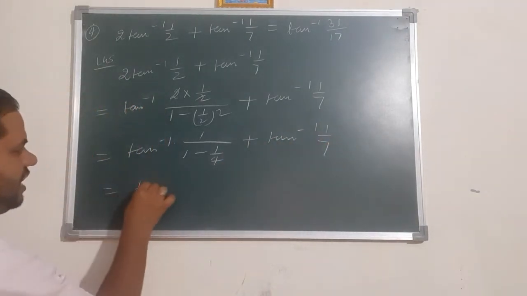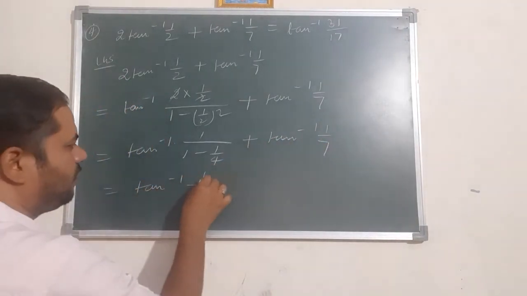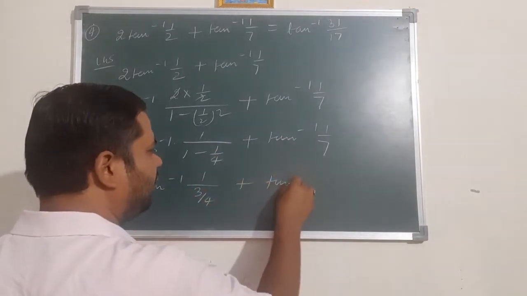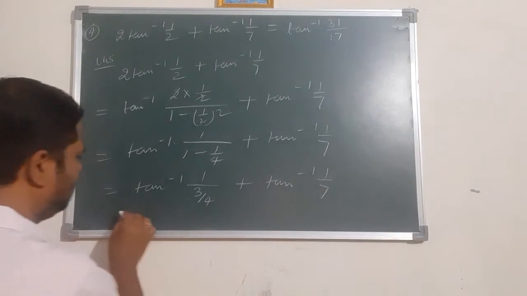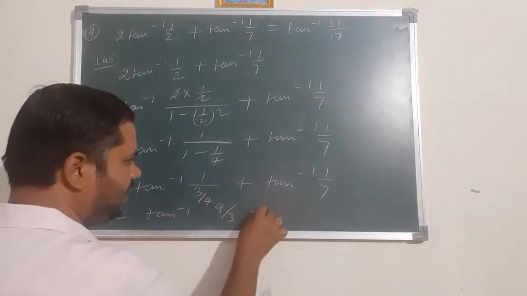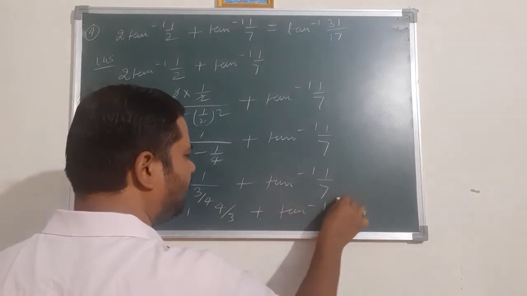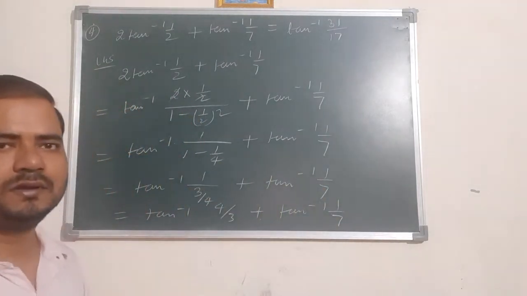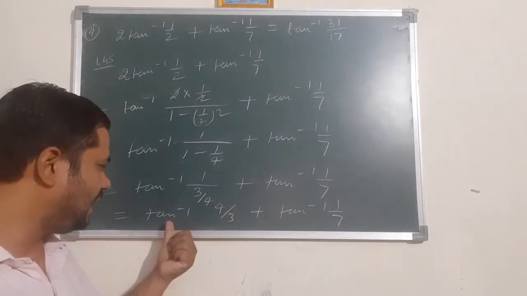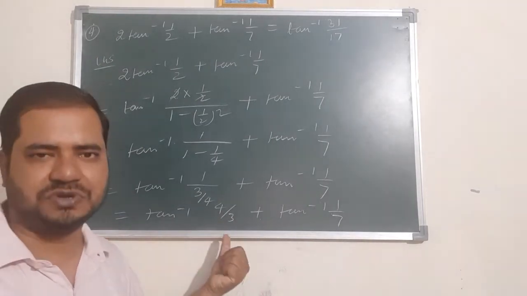So this is tan inverse of 1 upon 4 minus 1, 3 by 4, plus tan inverse of 1 by 7. We can write it as tan inverse of 4 by 3 plus tan inverse of 1 by 7.